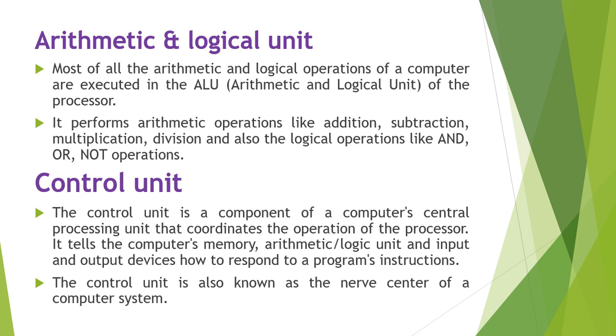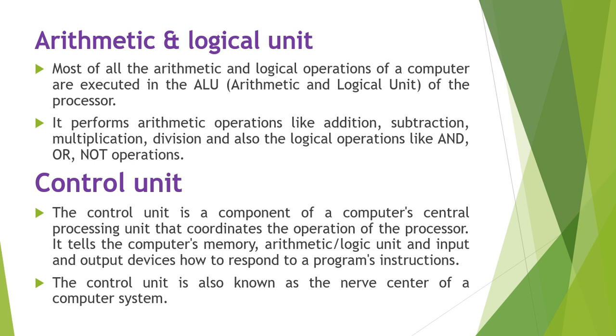The processor instructs the ALU to perform the operation, and the ALU carries out arithmetic and logical operations to solve the problem as required by the user. Some processors have two separate units for arithmetic operation and logical operation.